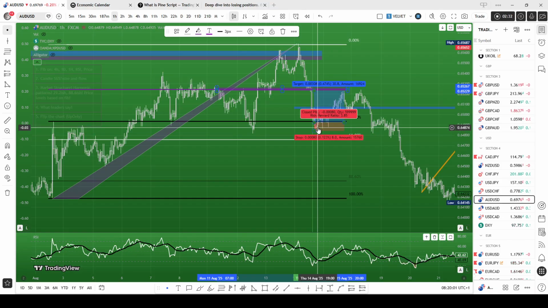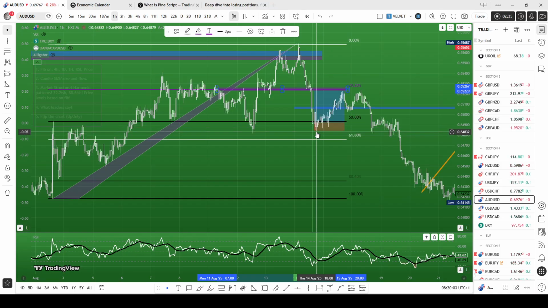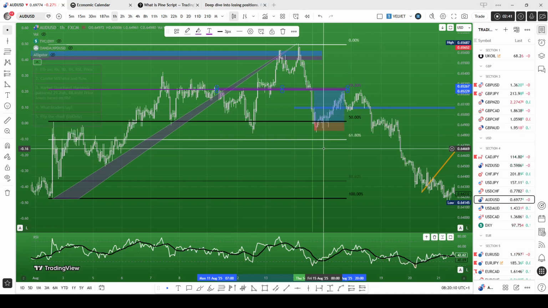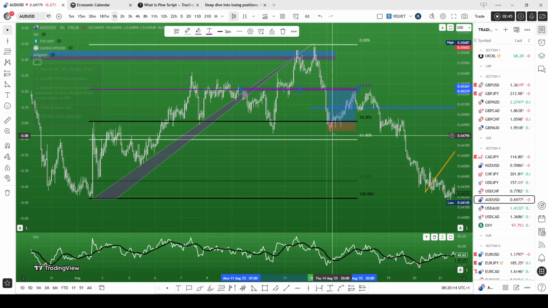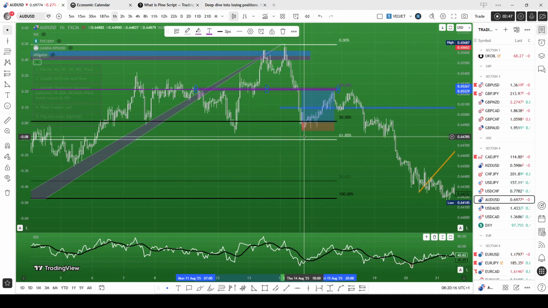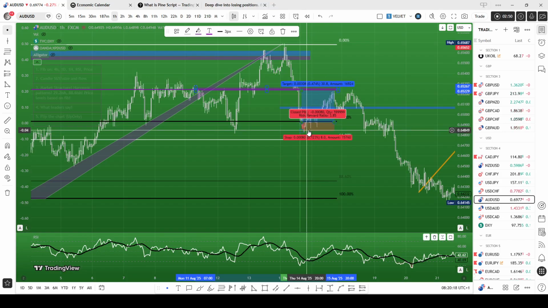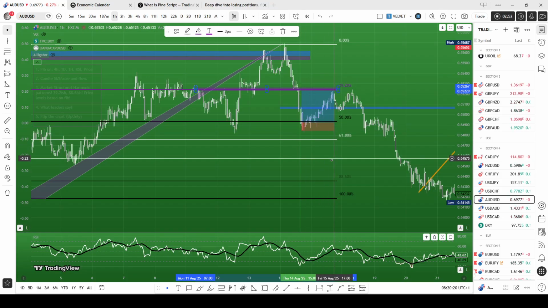Yeah, actually longing it was quite hazardous or dangerous. It was a 50% fib, but it could work out. It didn't because of the greediness.